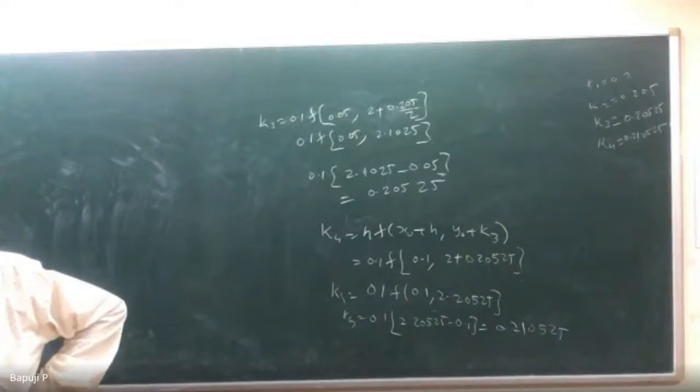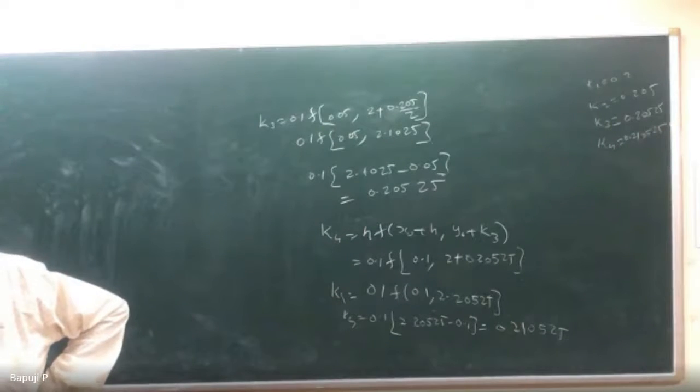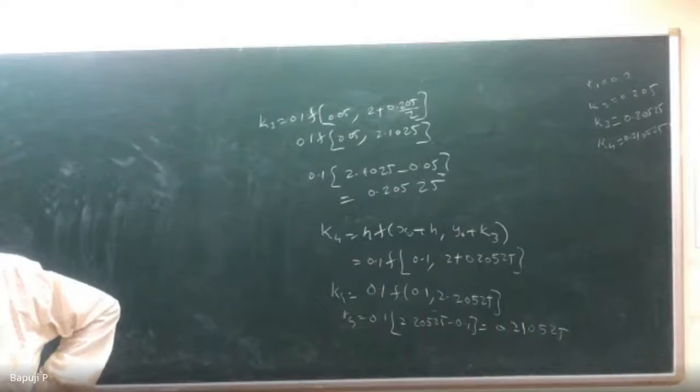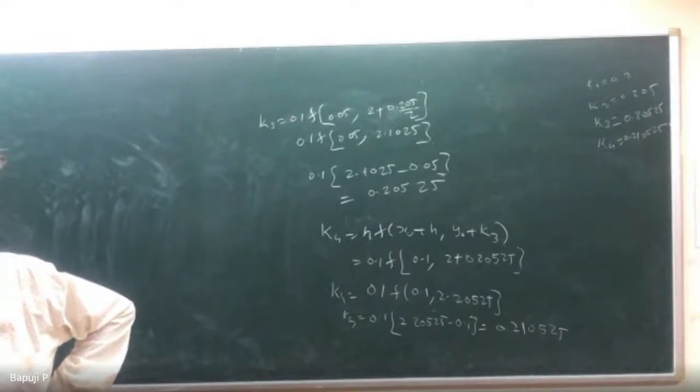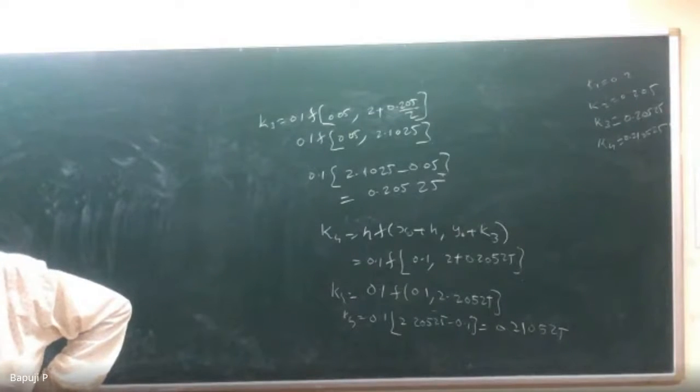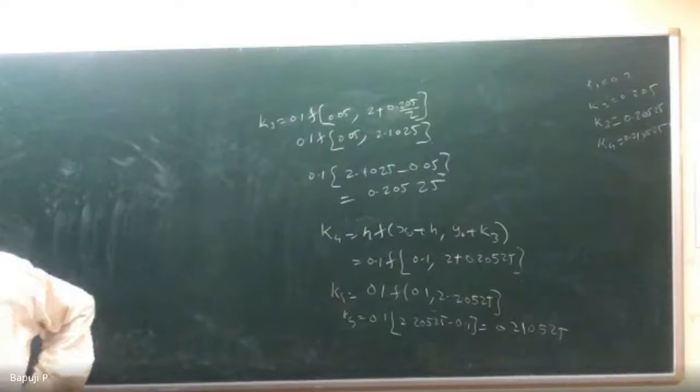Once you get K1, K2, K3, K4, delta y is equal to, as I said, 1 by 6 into K1 plus 2K2 plus 2K3 plus K4. Once you get the delta y, then y1 is equal to what? Y0 plus delta y. Correct?